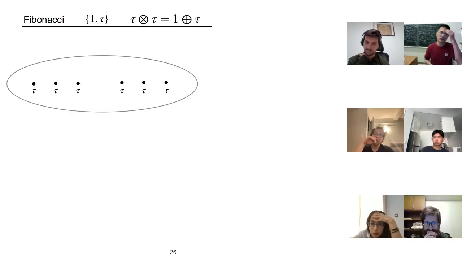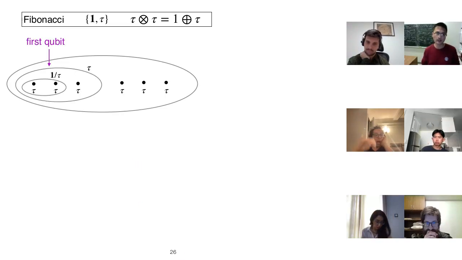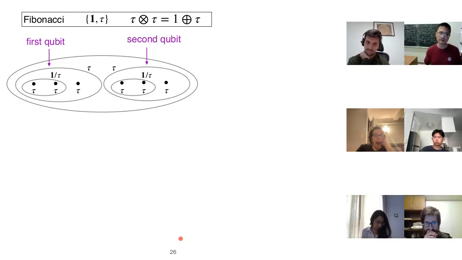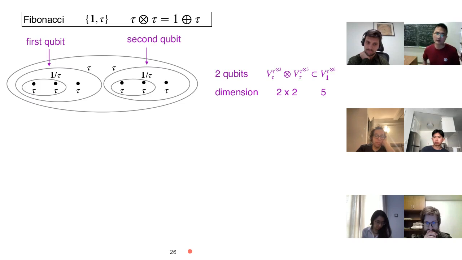Just to take the Fibonacci anyon system as an example, let's take 6 anyons of type tau. The first 3, group them into the first qubit, and then the last 3, the second qubit. Then we have a 2 qubit subspace living inside the space of 6 anyons.